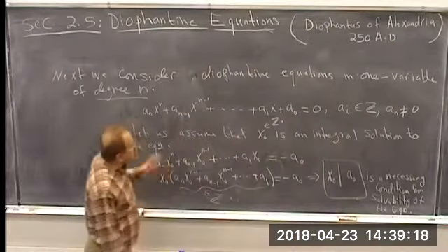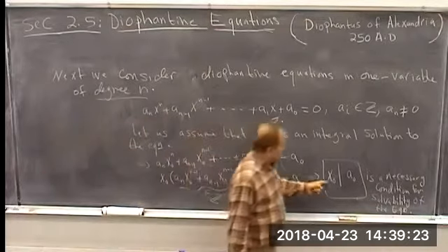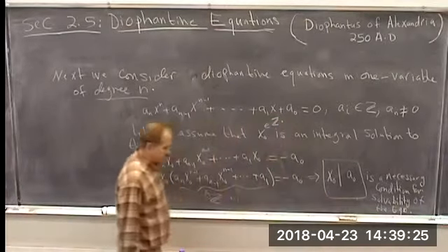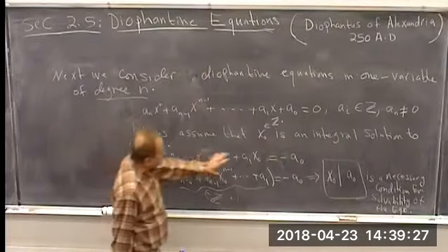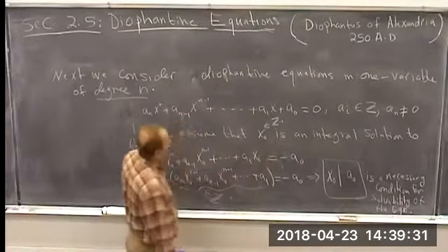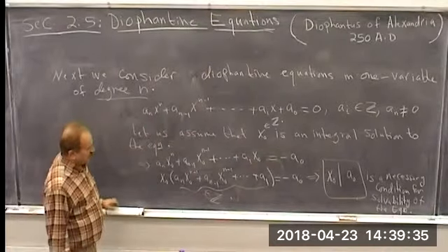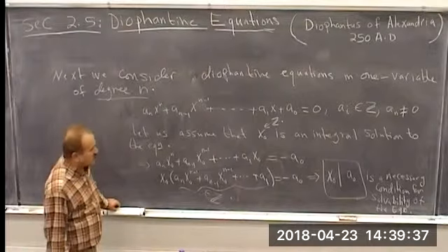So if this equation does have a solution, that solution must divide the constant coefficient, okay? The constant coefficient of this polynomial, or if you take the constant coefficient to the other side of the equation, it will divide the right-hand side of the equation.